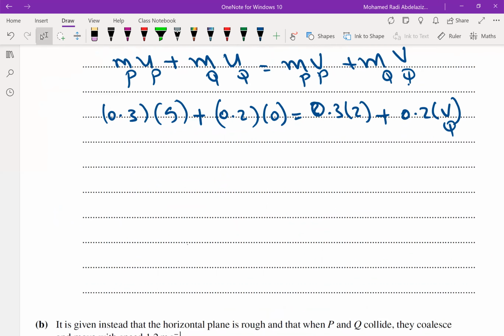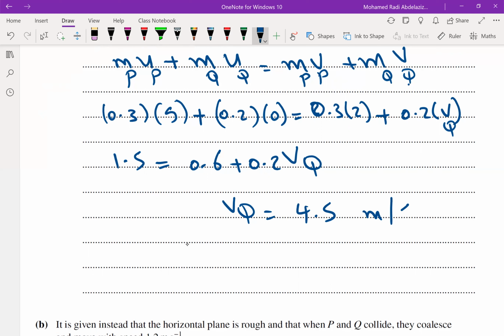Now simplify: 1.5 is equal to 0.6 plus 0.2 times velocity of Q. From this equation, you can find the velocity of Q: 1.5 minus 0.6, divided by 0.2. So the final answer is 4.5 meters per second. So particle Q moves to the right with velocity 4.5 meters per second.